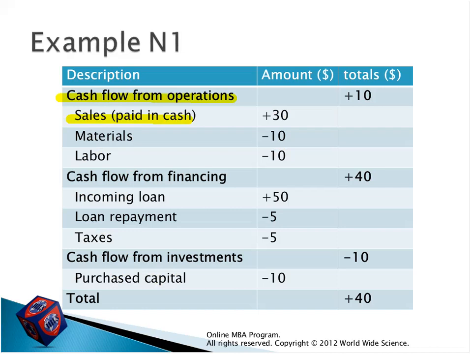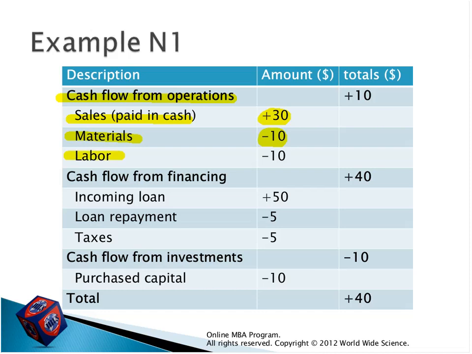Like sales, we have got $30, positive, right? The sales are the company's revenue, so they come with a positive amount. Then here comes material. That means the company has bought some raw materials and spent $10 in cash, which comes with a negative because this is an expenditure of the company. Next one, labor.